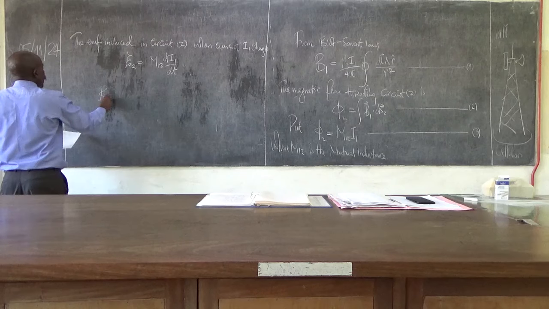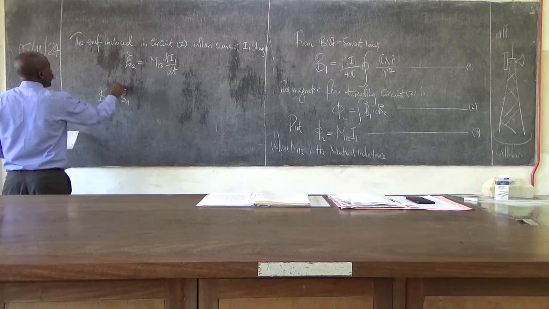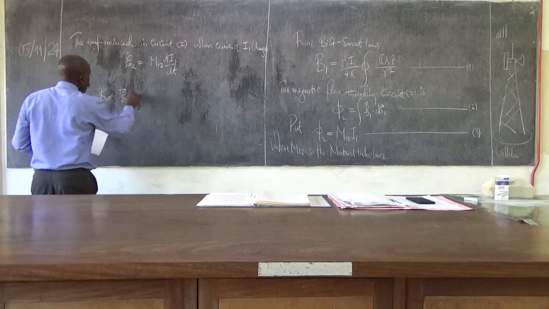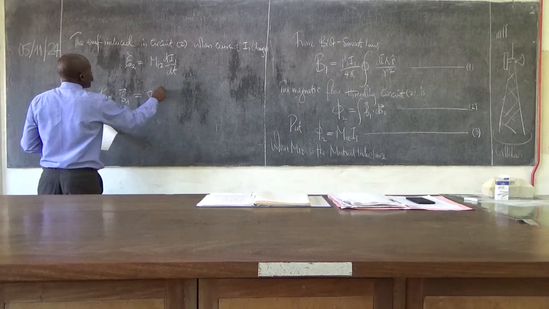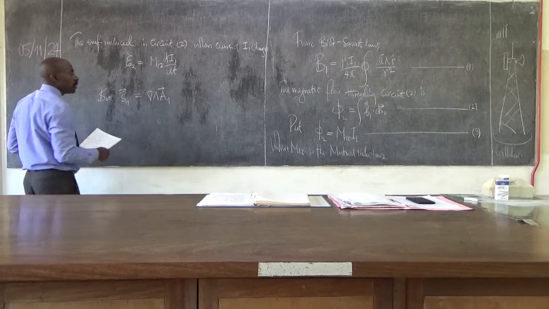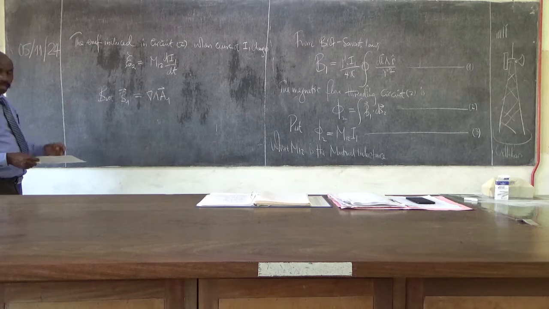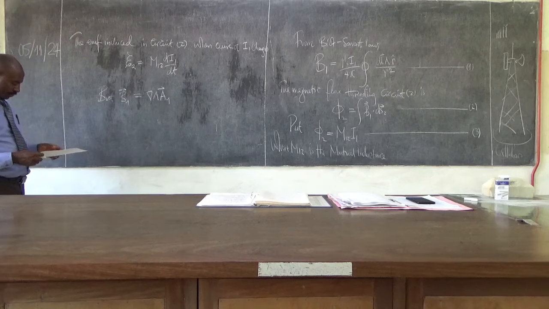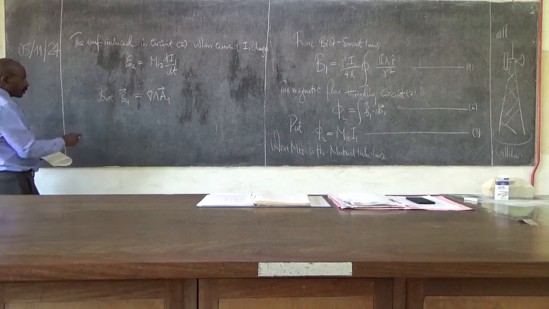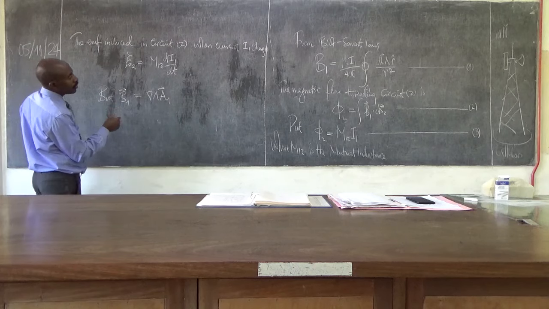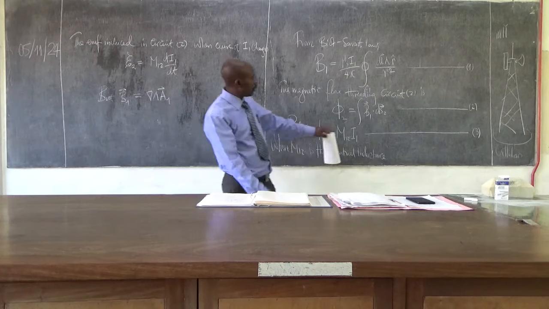But actually B1 was equal to the curl of the vector potential. So it's equal to the curl of the vector potential, since it is B1, then it will be the vector potential in circuit 1. Now equation 2 becomes, I substitute in equation 3, I substitute for B1.